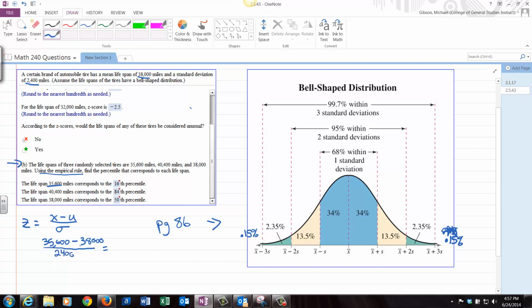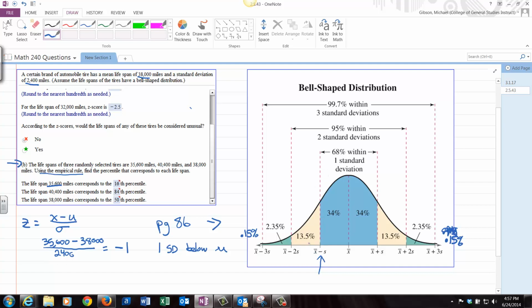Well, that is actually going to equal minus 1. So what that means is 1 standard deviation below the mean. All right, so in other words, it's right here. X minus 1 standard deviation.